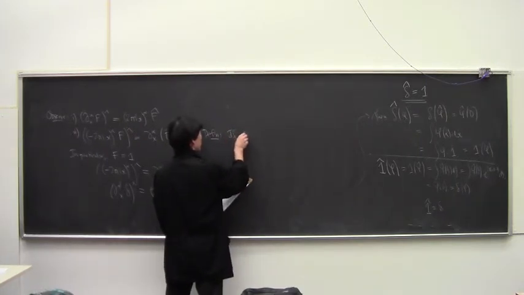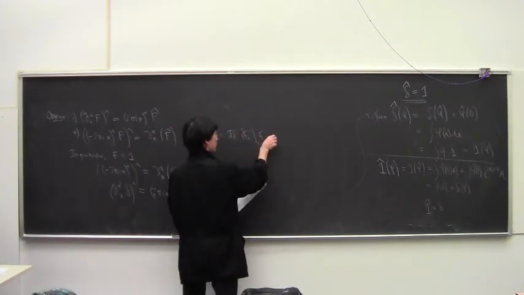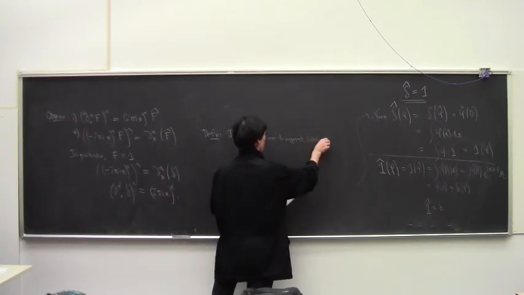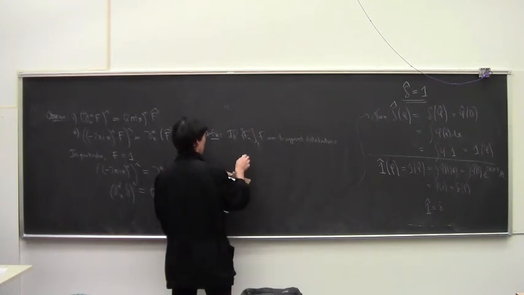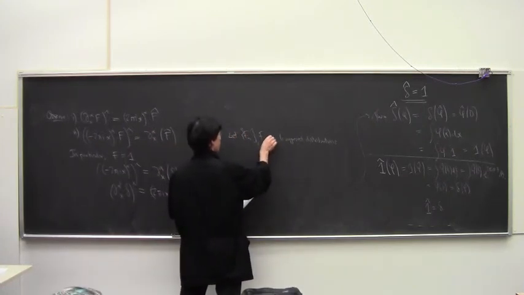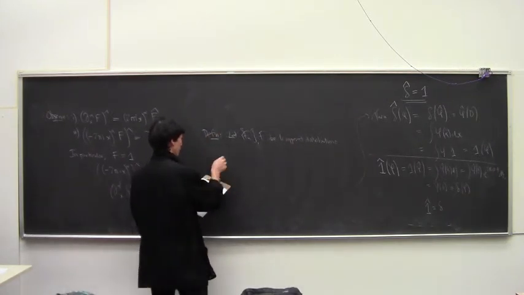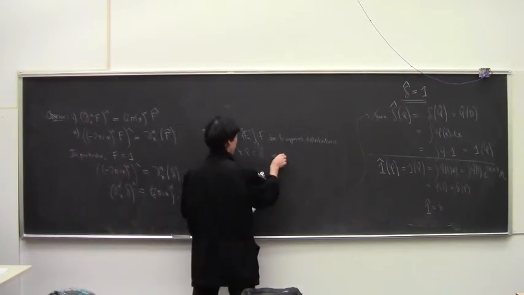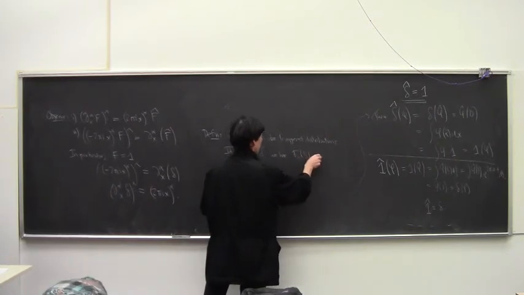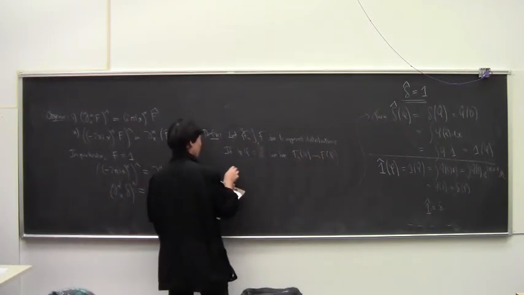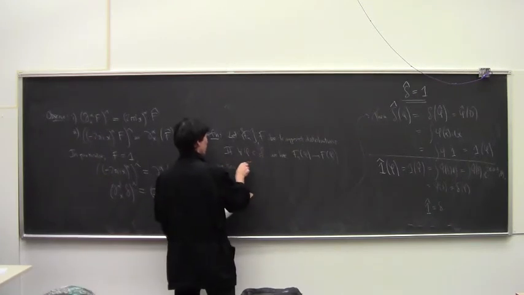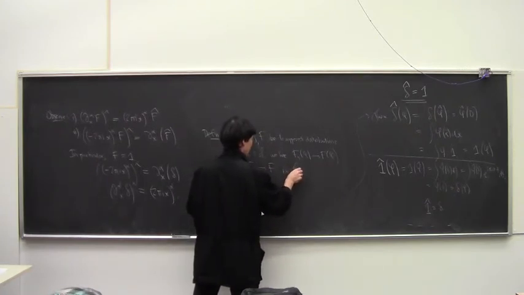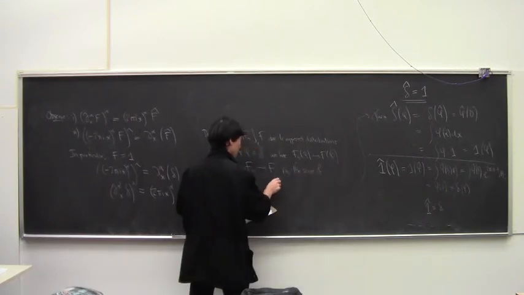If Fn and F are tempered distributions, then we say Fn converges to F in the sense of tempered distributions.